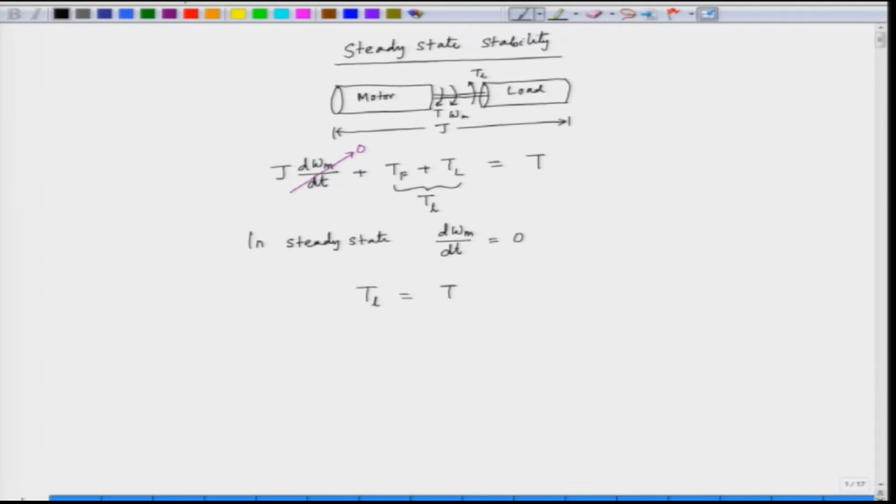Now, it means if we want to find out the operating point, it is decided by the intersection of the motor characteristic with the load characteristic.